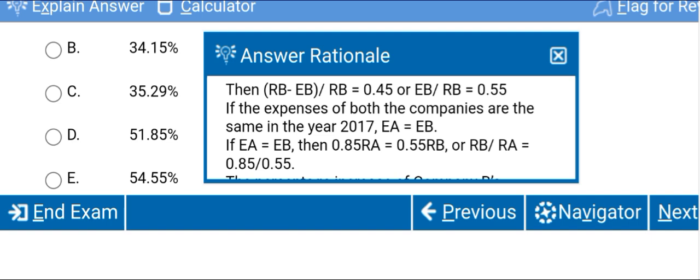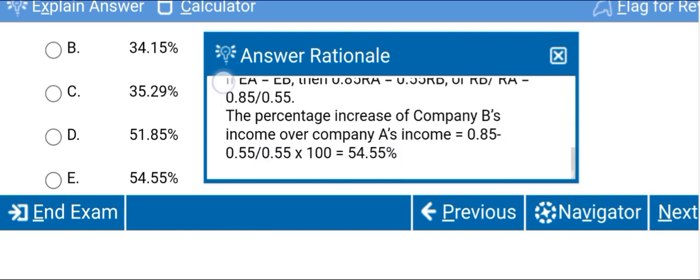If the expenses of both the companies are the same in 2017, EA equals EB, then 0.85 RA equals 0.55 RB, or RB divided by RA equals 0.85 divided by 0.55.